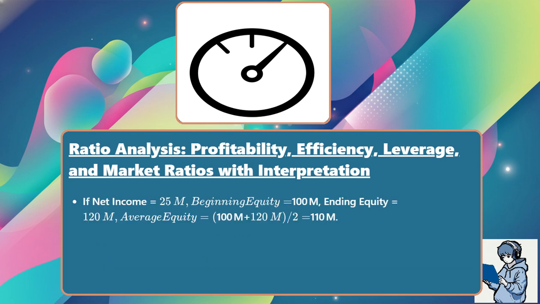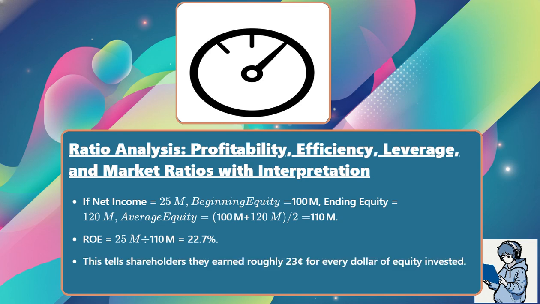If net income equals $25 million, beginning equity equals $100 million, and ending equity equals $120 million, average equity equals ($100 million plus $120 million) divided by 2 equals $110 million. ROE equals $25 million divided by $110 million equals 22.7%. This tells shareholders they earned roughly 23 cents for every dollar of equity invested.